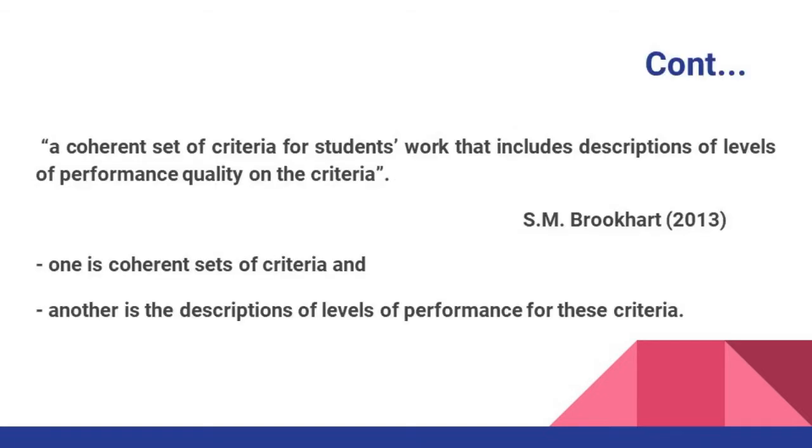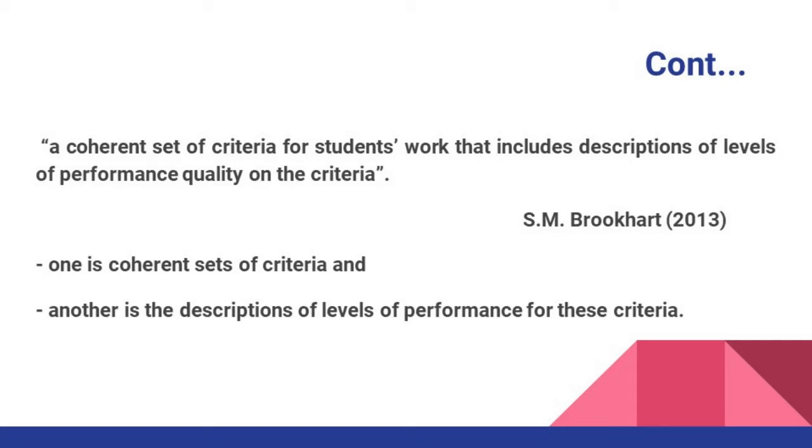In 2013, S.M. Brookhart also defined rubrics. In his definition, he defined rubrics as a coherent set of criteria for students' work that includes descriptions of levels of performance quality on the criteria.